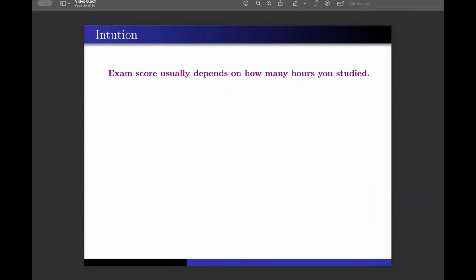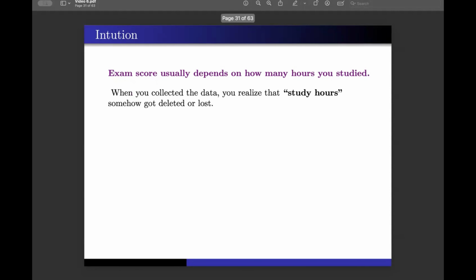Let's try to understand this with the same example. We all agree that the exam score usually depends on how many hours you studied for the exam. Suppose you are a teacher and you collect data from 6 students, both their exam scores and the number of hours they studied, because you wanted to build a model that says if someone studies for this many hours, I can predict their exam score.